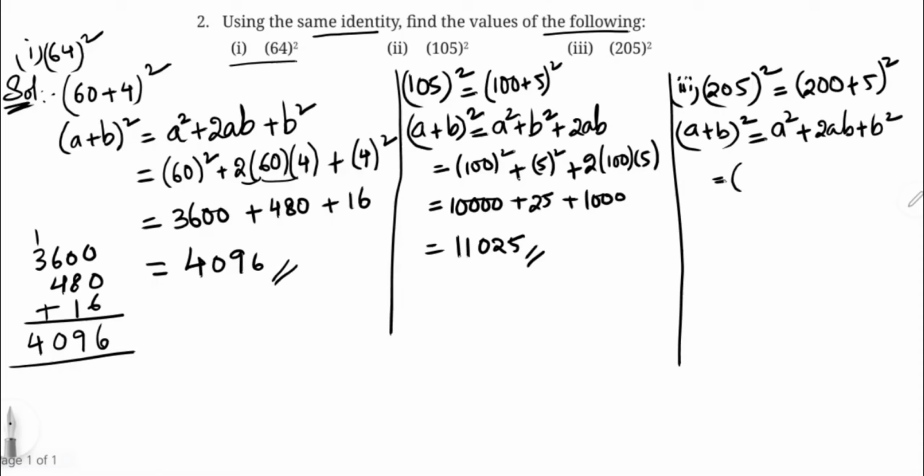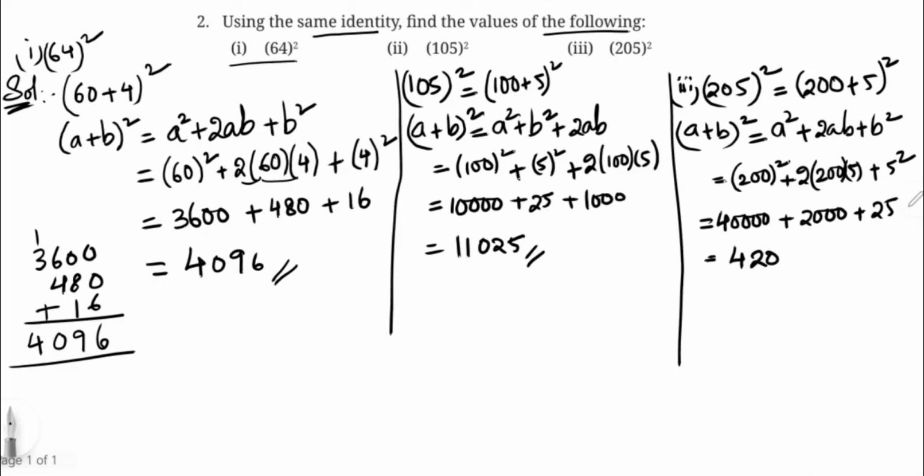So here a is 200 square plus 2 into 200 into b is 5 plus b is 5 square. So 200 square is 4, and for 2 zeros we will get 4 zeros, plus 2 fives are 10, 10 into 200 is 2000 plus 5 square is 25. So it will become 42,025.